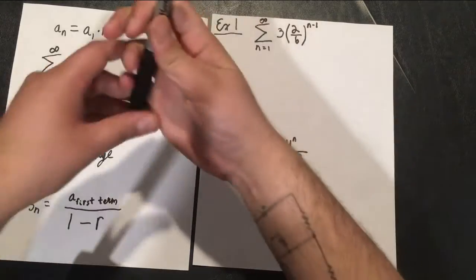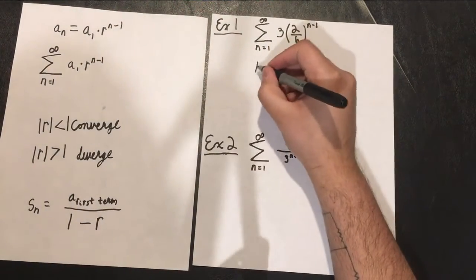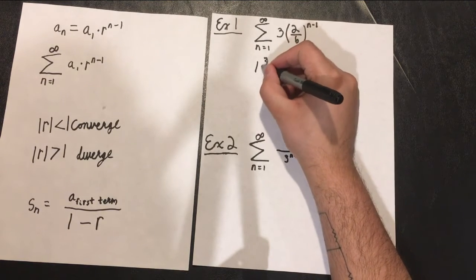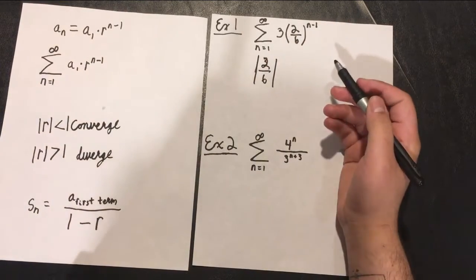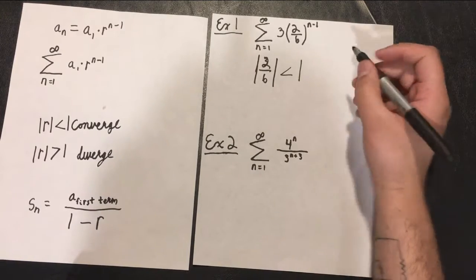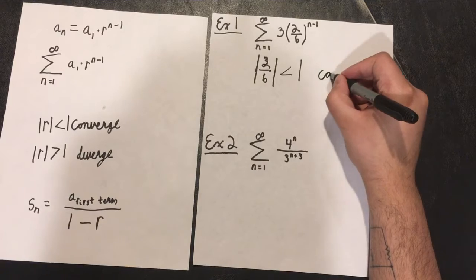So we have to check our conditions. The absolute value of the ratio, is it greater than 1 or less than 1? Since the absolute value is less than 1, we can figure out, okay, this is a convergent series, right?